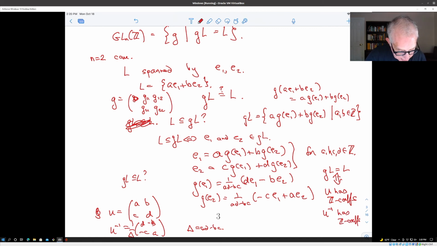Because if you expand this out and look at the coefficients of E1 and E2, if G of E1 and G of E2 are in the lattice L, they have to be integer combinations of E1 and E2.